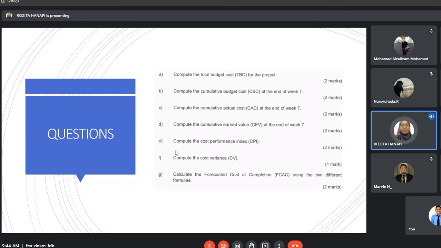When the CPI goes below 1 or gradually decreases, corrective action should be taken. So that is the analysis based on the cost performance index.